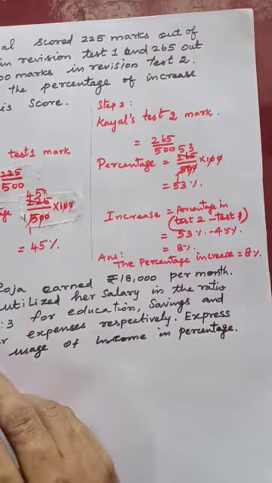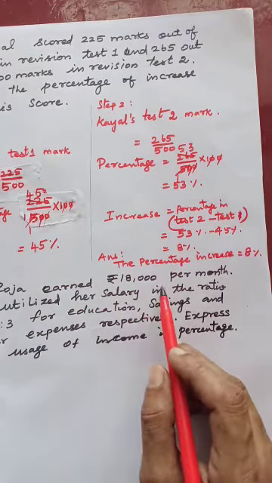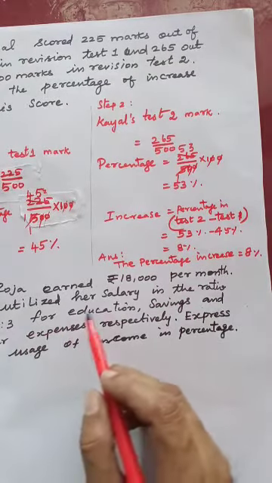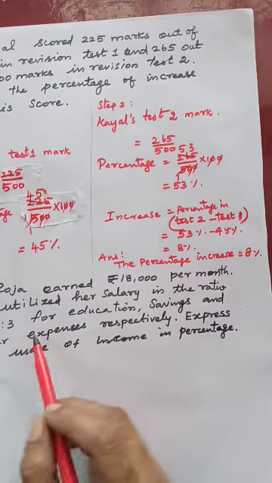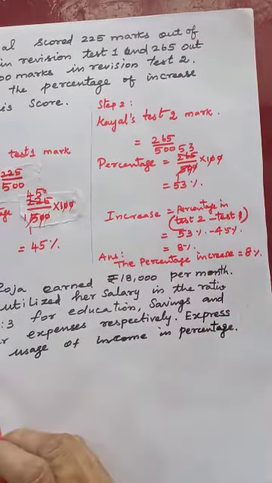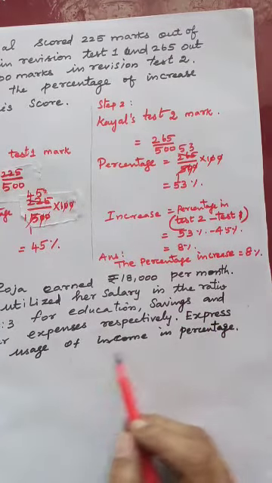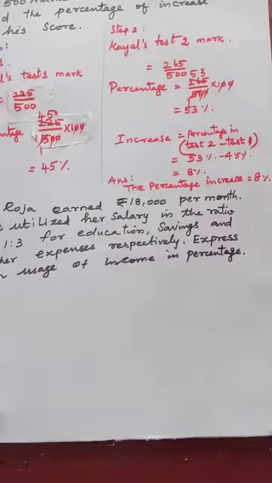Then 10th problem. Roja earned rupees 18,000 per month. She utilized her salary in the ratio 2:1:3 for education, savings and other expenses respectively. Express her usage of income in percentage.